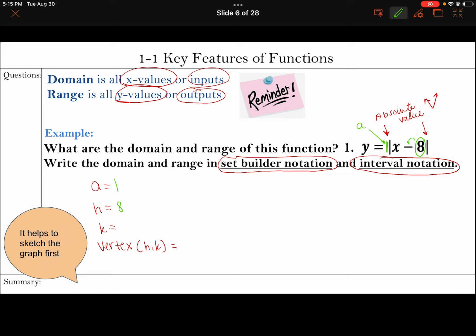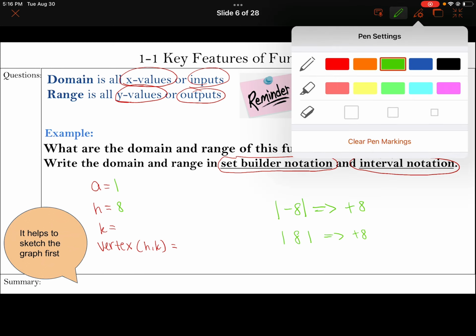Remember, if it's minus, it's going to be the opposite sign. This is only for finding HK. When you're solving for X or Y, for example, if I had a negative 8, this will change into a positive 8. If I had an 8, this will change into a positive 8 still.